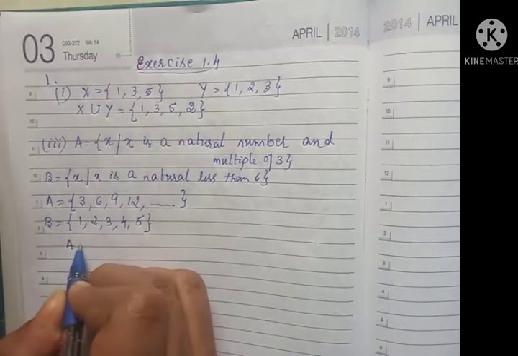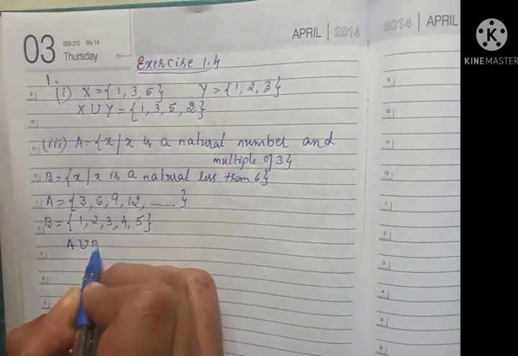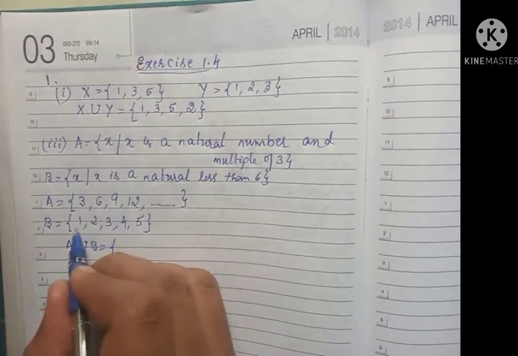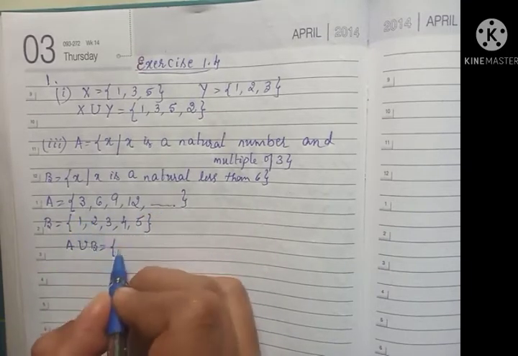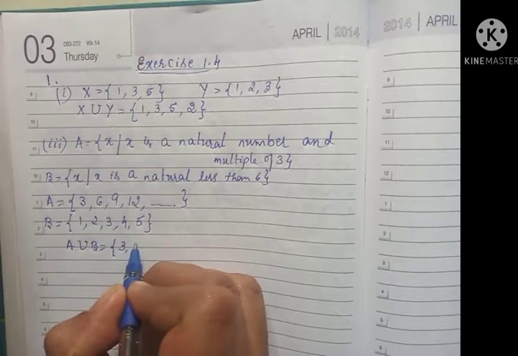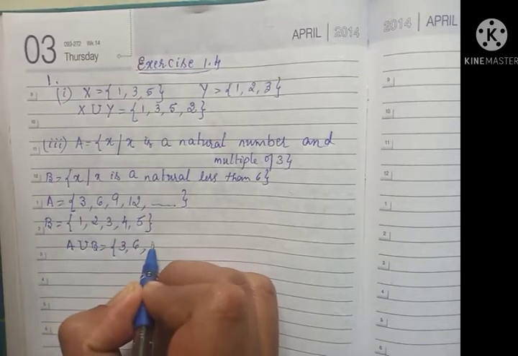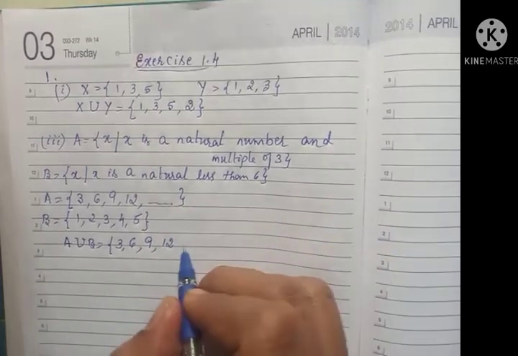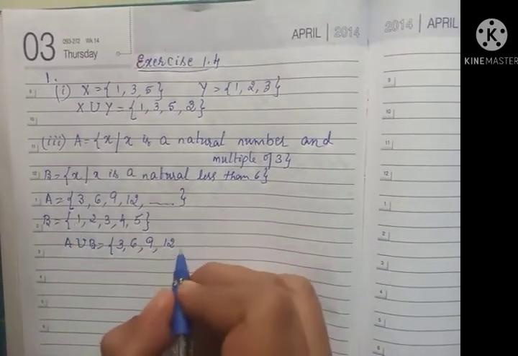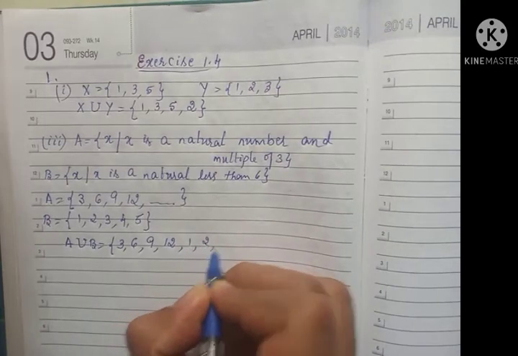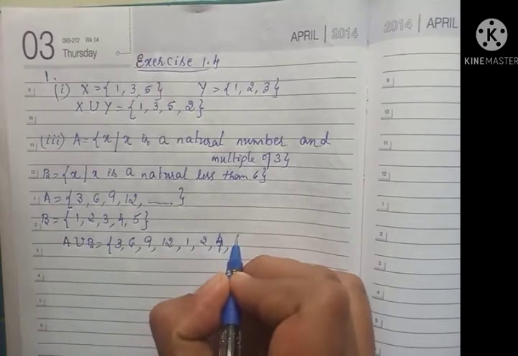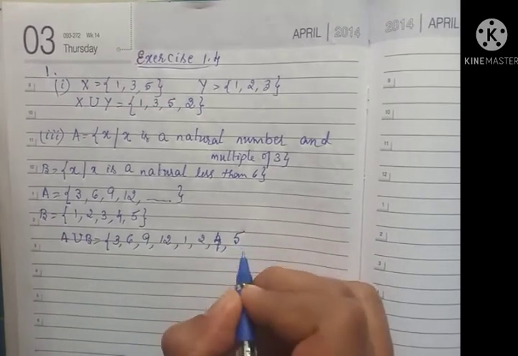Now write the union. A union B: write all the elements of A and B. So 3, 6, 9, 12, you can write some more elements, no problem. Then 1, 2, 3, where 3 is already written, then 4, 5.